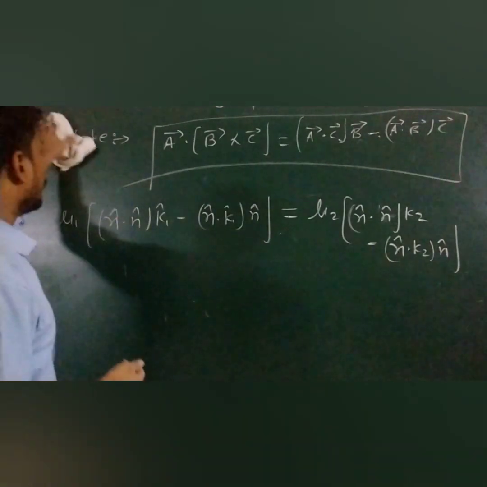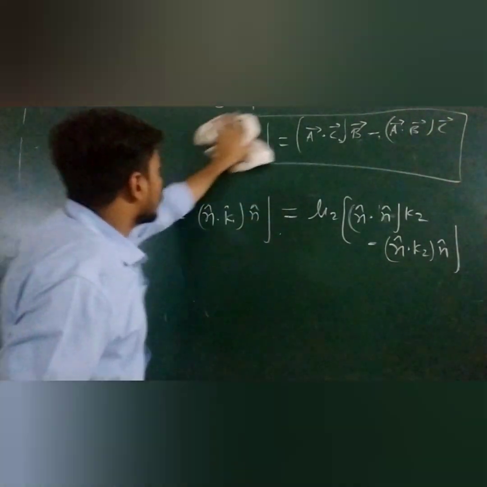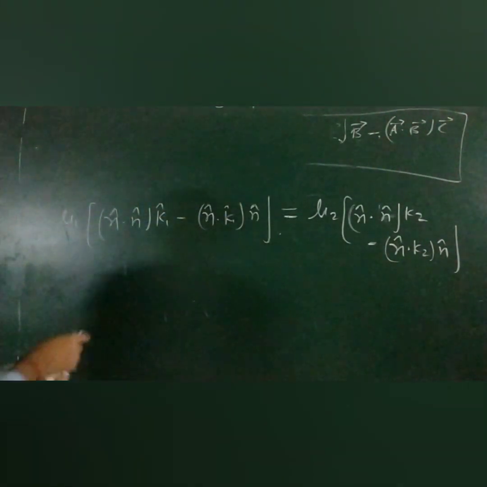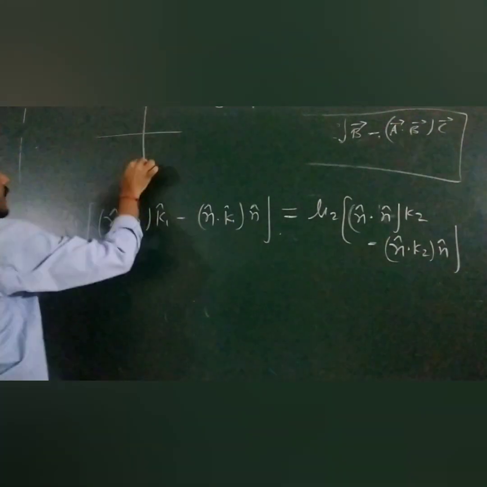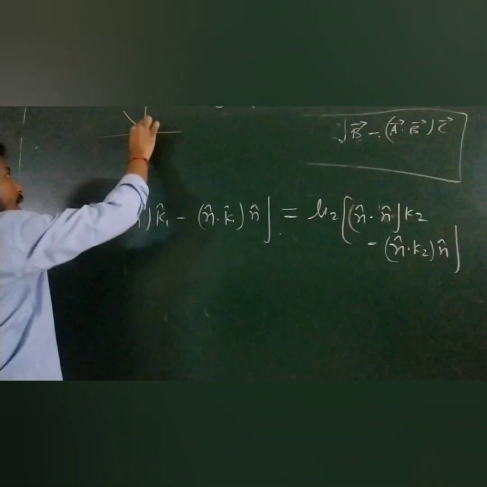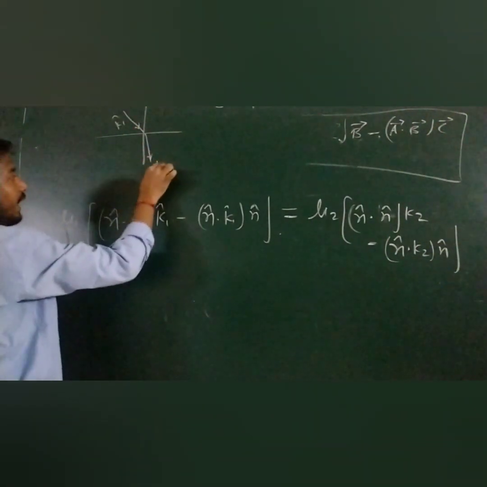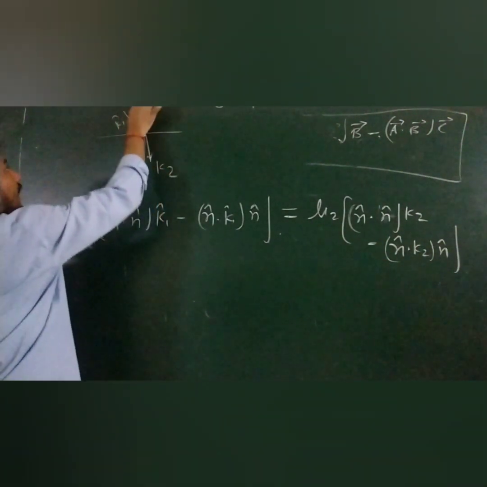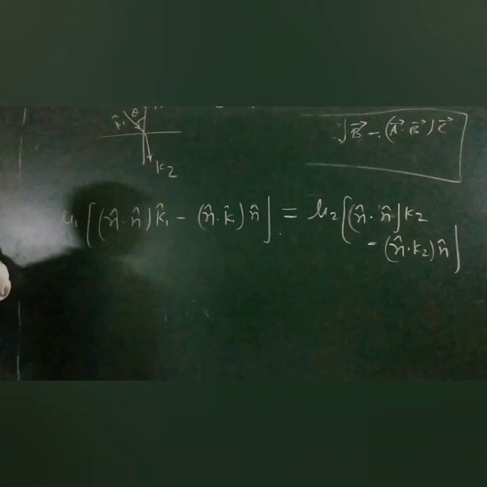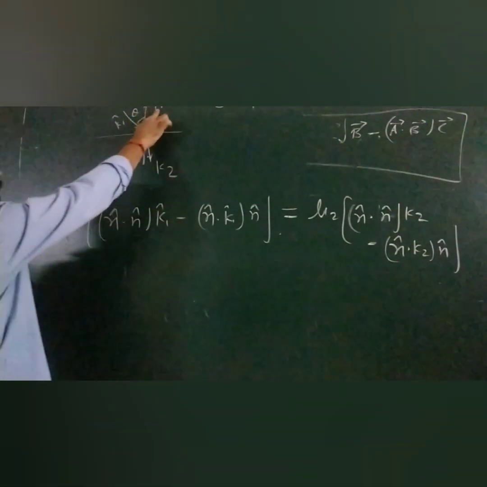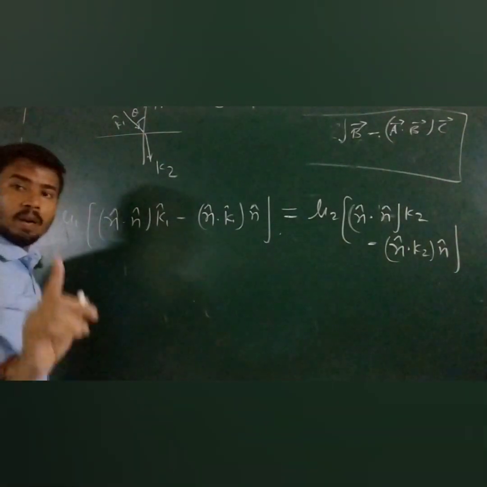See, can I write this one? So my dear student, what can we write? See here, this is K1 cap coming in, this is K2 cap going out, this is theta, and this is the N cap. So N cap dot N cap, N dot N is what? 1.